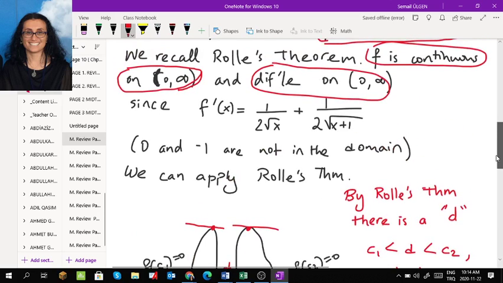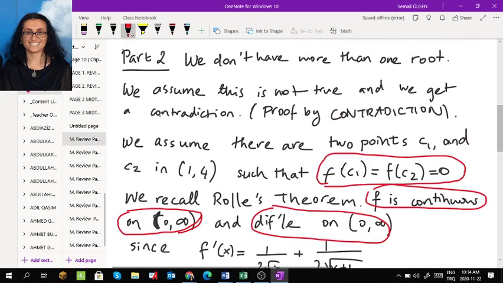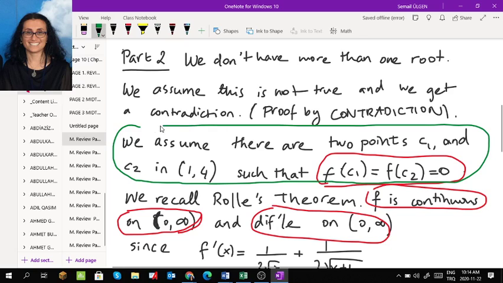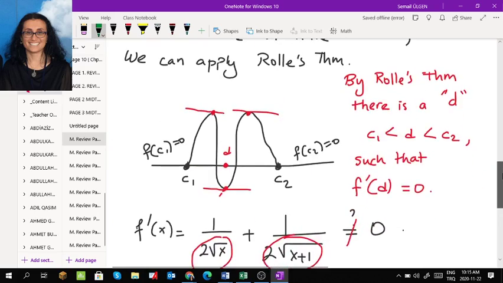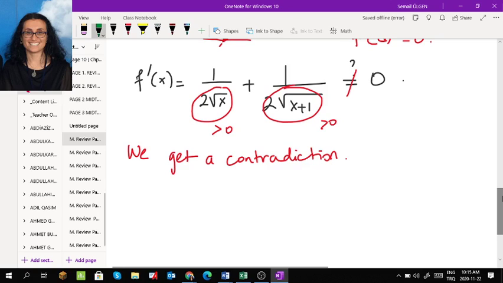A contradiction to what? To the assumption. Assume there are 2 points. Let me circle it in green. So that was the assumption. We get a contradiction for star.